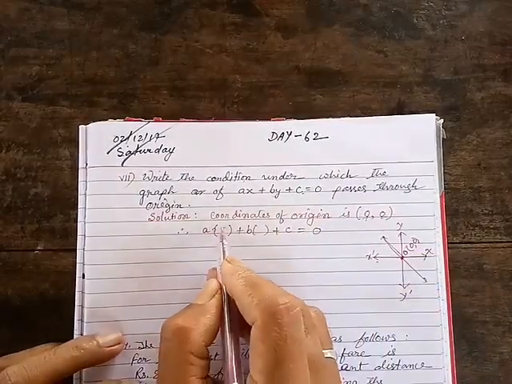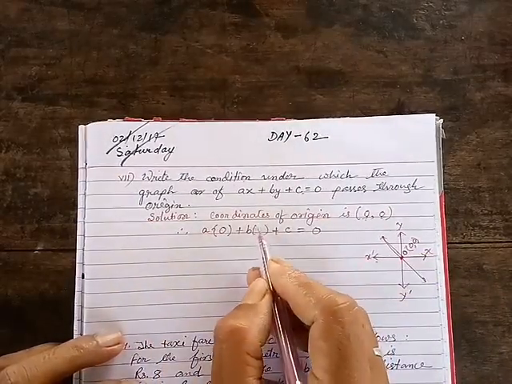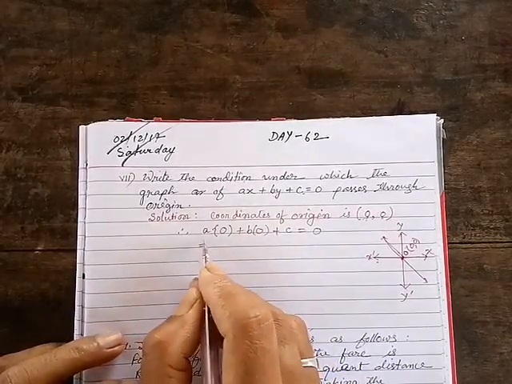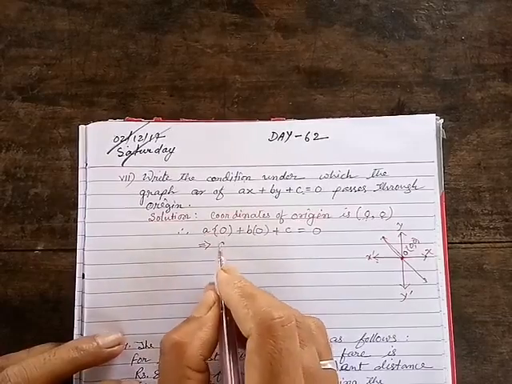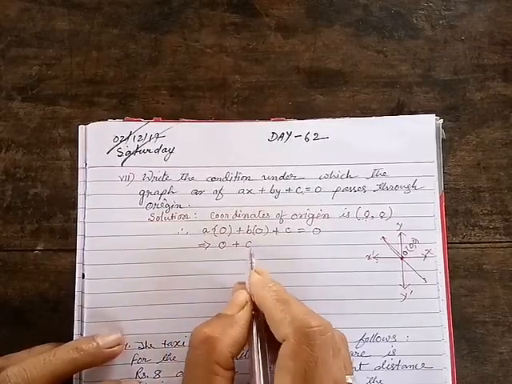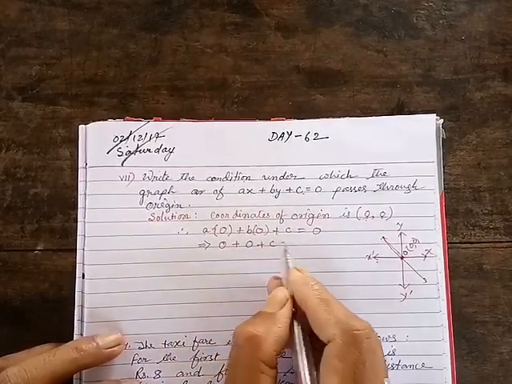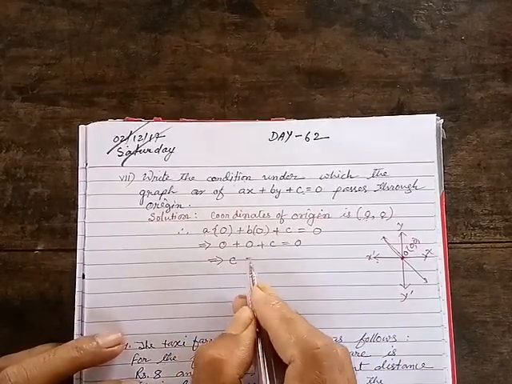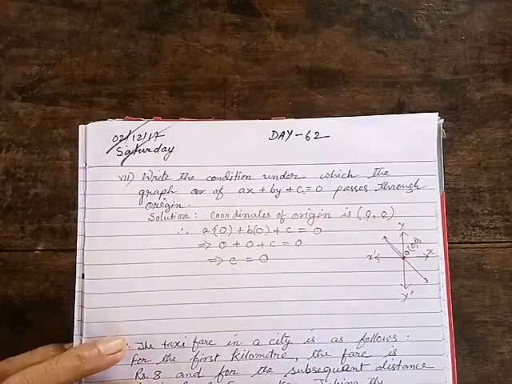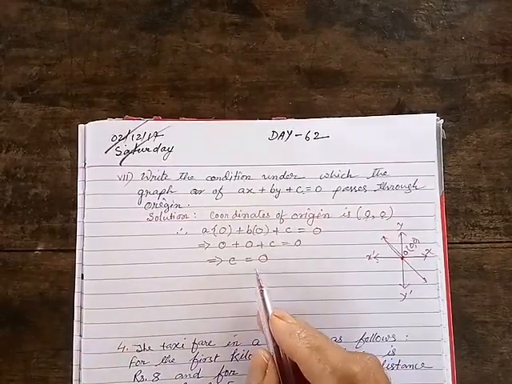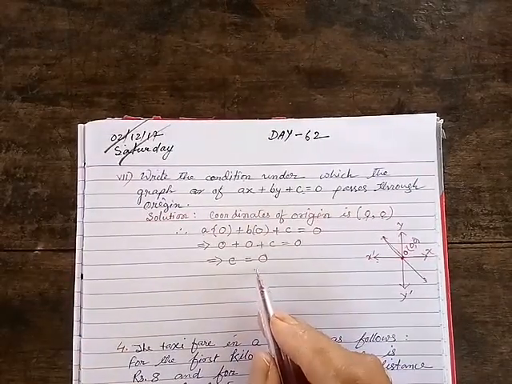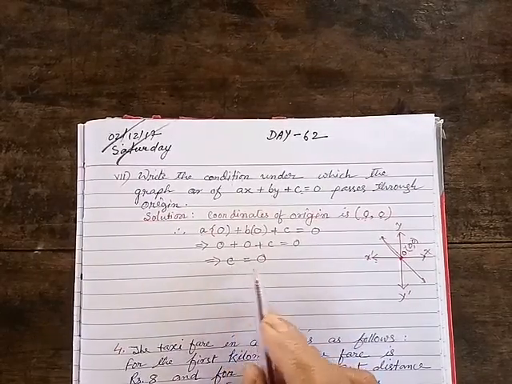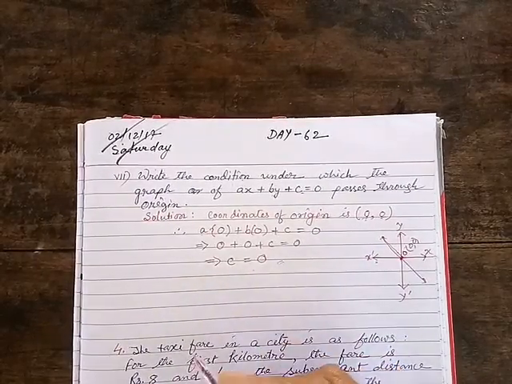So x is replaced by 0, y is replaced by 0. From here it implies a times 0 is 0, b times 0 is 0, plus c equal to 0 remains the same. So finally what you'll get? c = 0. So this should be the condition. What is the condition? c = 0. This is the required condition.